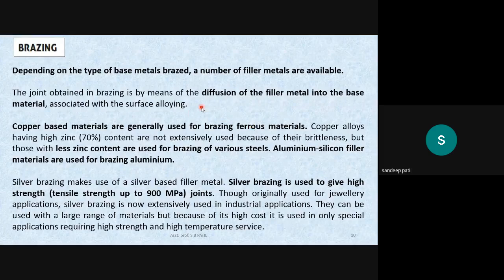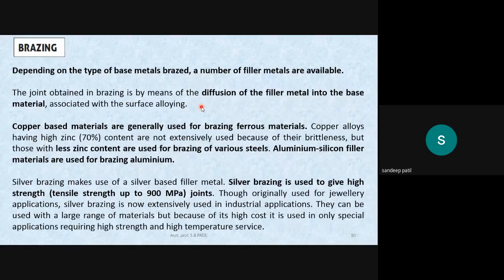In last year's semester subject, engineering metallurgy, we have seen the phase diagram for the copper alloys. In that diagram, copper is the base metal and zinc is the alloying element. If the percentage of zinc in the copper exceeds 70%, it goes into the gamma region, where there is more hardness and brittleness of that phase.